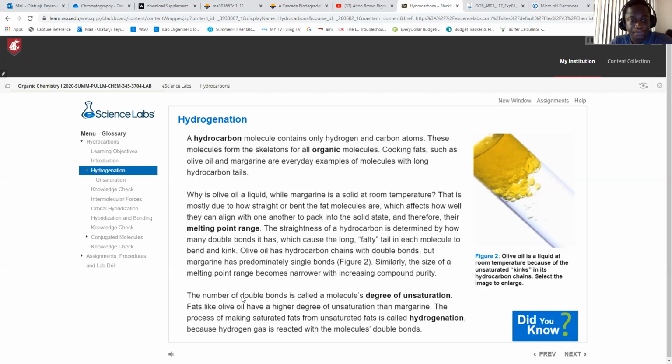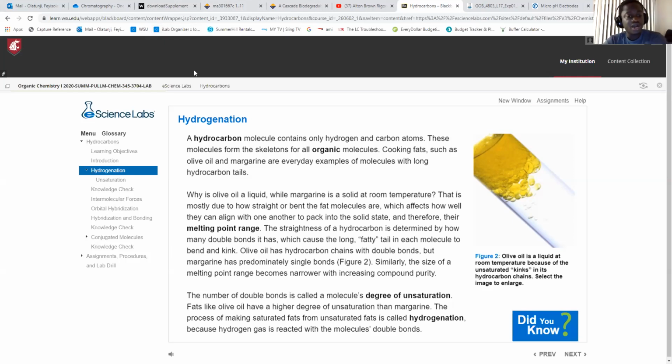And it also has to do with the purity too. For example, if a compound has a lot of impurity, the melting point is not going to be as good because you have other things contaminating it. So the number of double bonds that you have in an organic compound is known as the degree of unsaturation.